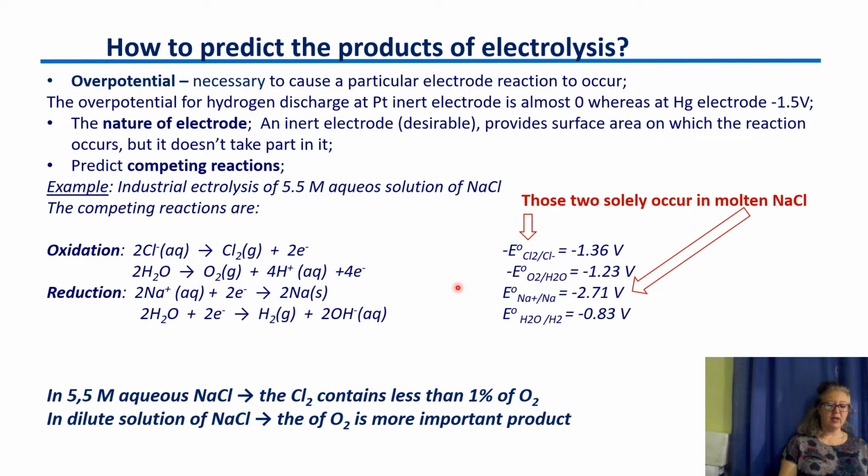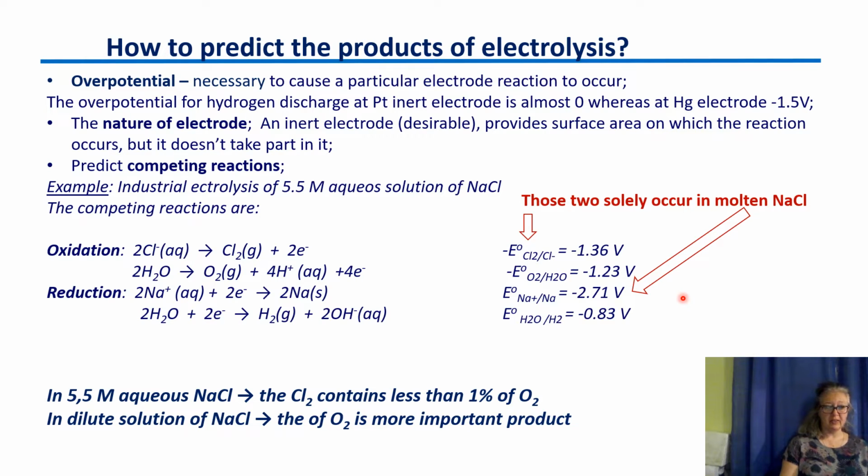In the electrolysis of aqueous sodium chloride using inert electrodes, two oxidation and two reduction half reactions must be considered. As we can see from the picture, the potential for the oxidation of the second half reaction is less negative as compared to that of the first reaction, and oxygen may be expected at the anode.